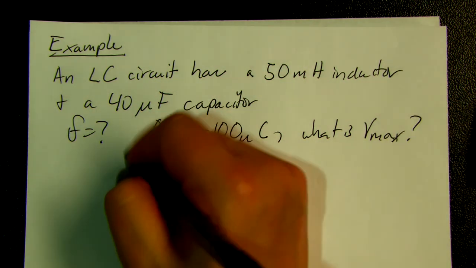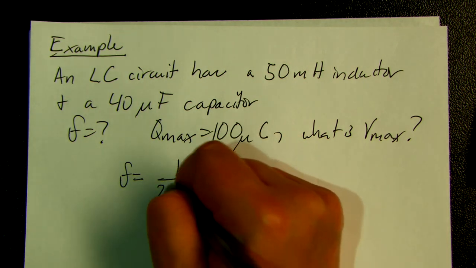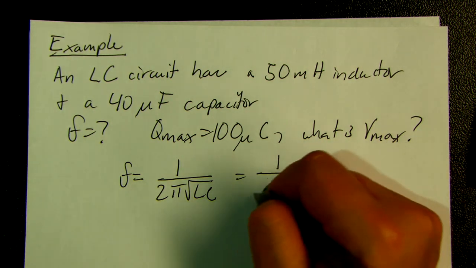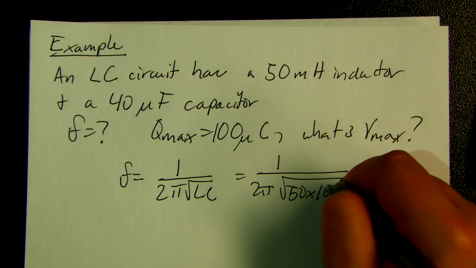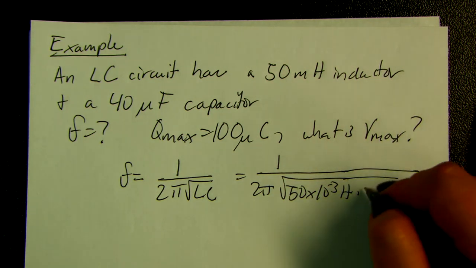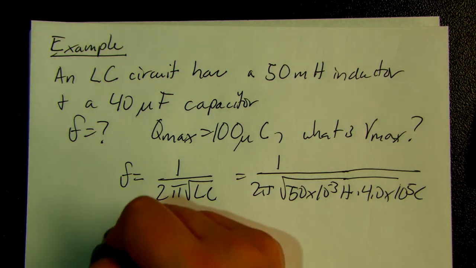So, frequency, 1 over 2 pi root LC, is equal to 1 over 2 pi root of 50 times 10 to the minus 3 henry times 4.0 times 10 to the minus 5 farads.